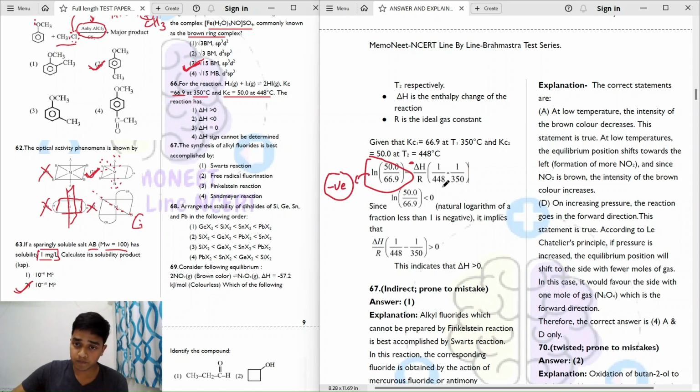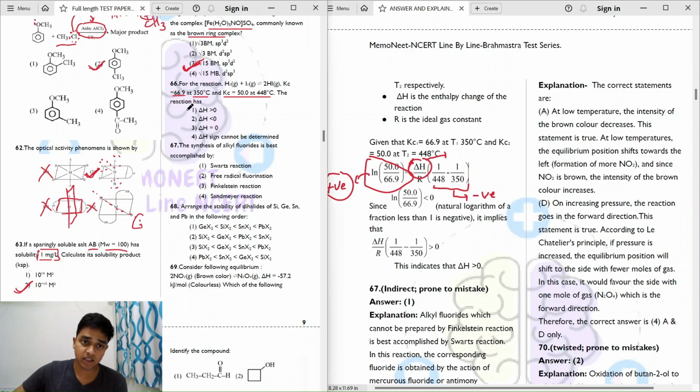This term in the bracket is also negative, and we have a negative sign here, so the negatives get cancelled. For making the entire right hand side positive, we'll need delta H to be greater than 0 to match the left side. So delta H has to be positive, which means delta H greater than 0 is the correct answer.